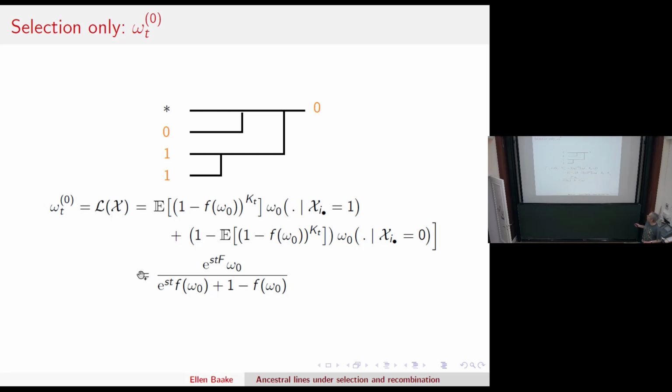Quite the opposite, if they are all bad, then the ancestor is bad and the individual is bad, and then I sample from the initial type distribution conditional on the selected site being bad.